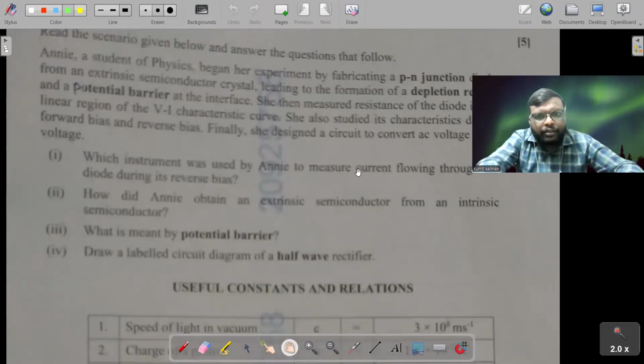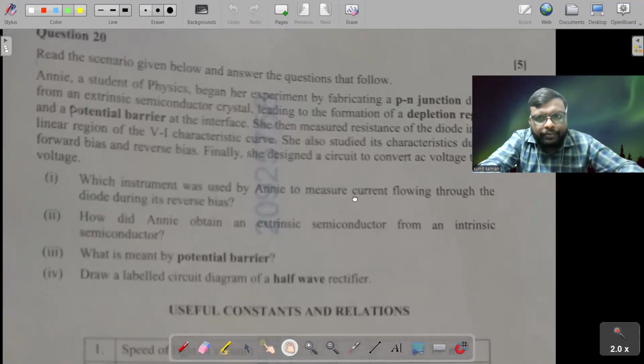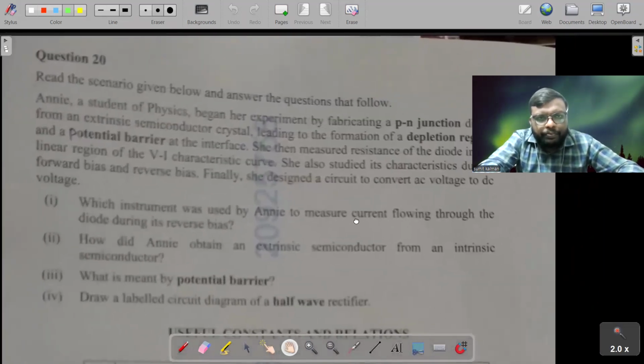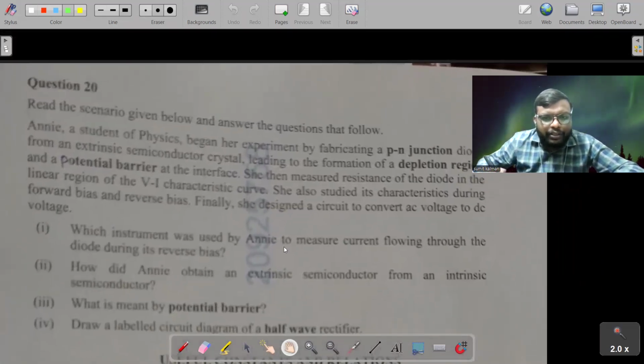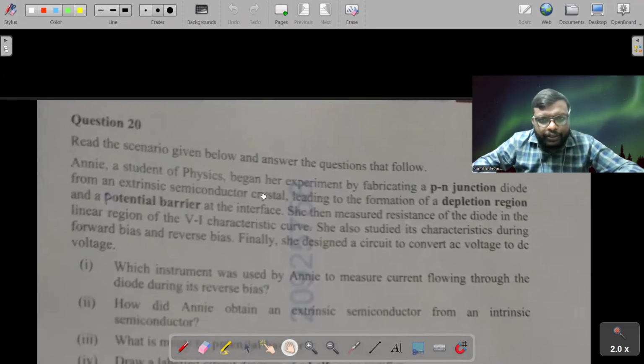So students, this is a passage based problem. You have to read the given scenario and answer the following questions.